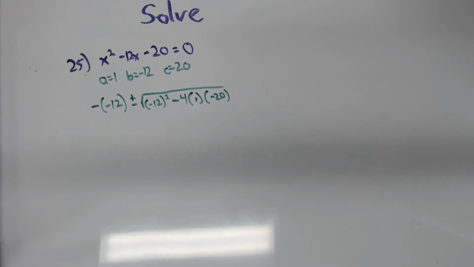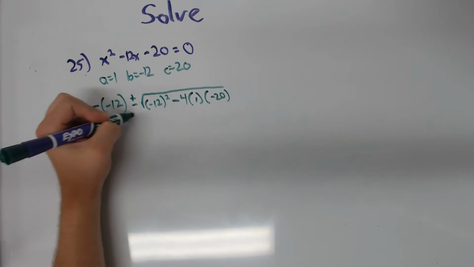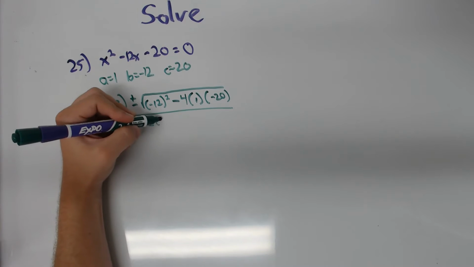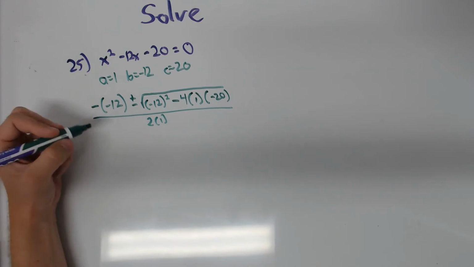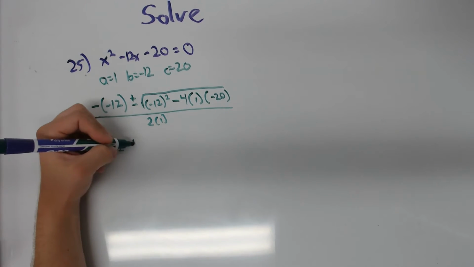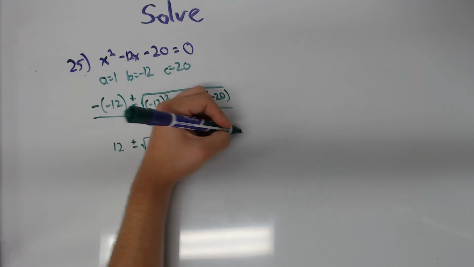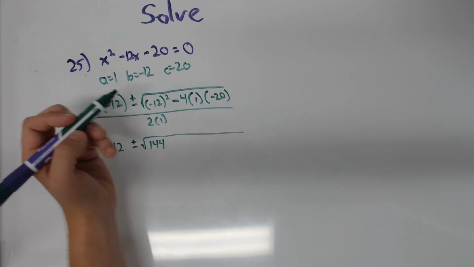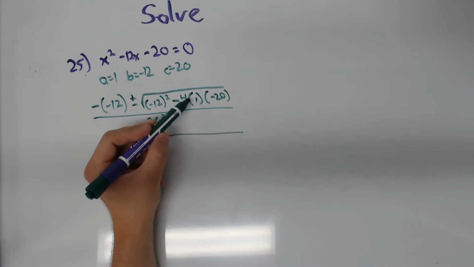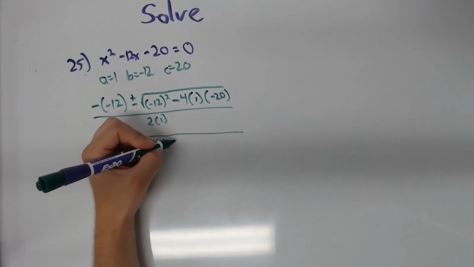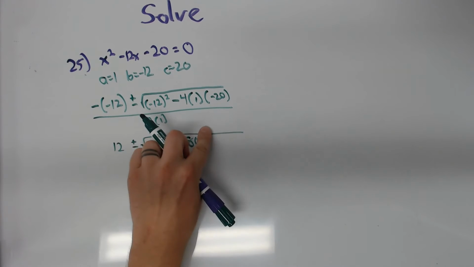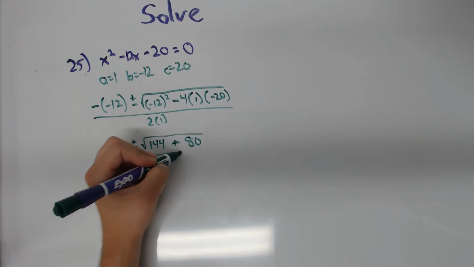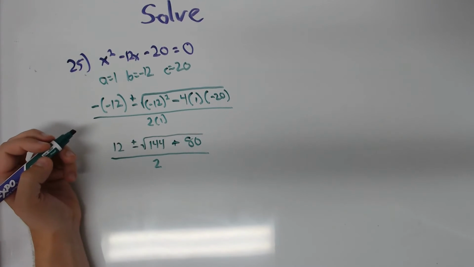divided by 2a, so 2 times 1. Now let's start simplifying stuff. Negative 12 is just 12, plus or minus the square root of negative 12 squared is 144. Negative 4 times 1 times negative 20 is positive 80, so plus 80, then divided by 2.